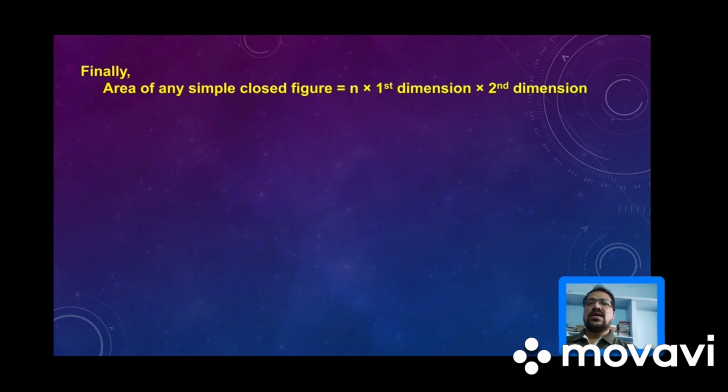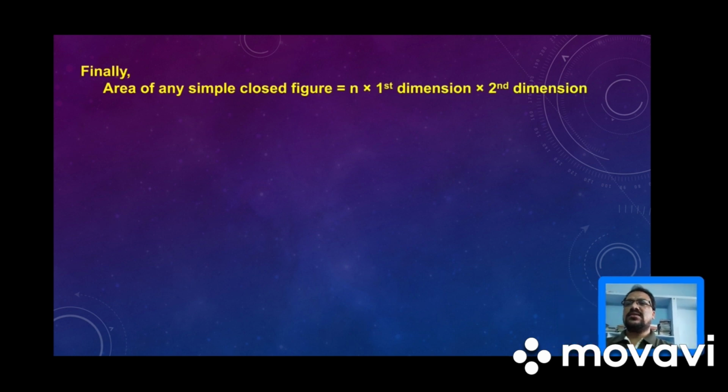Finally we can conclude one thing, that is, area of any simple closed figure, if you take, that is equal to n into first dimension and second dimension. That means first directional thing and second directional thing, where n is a real number.